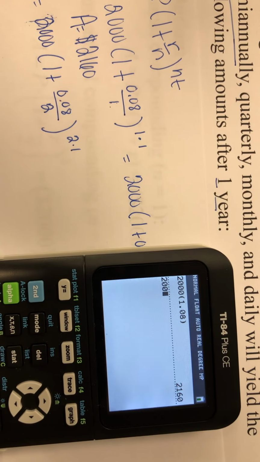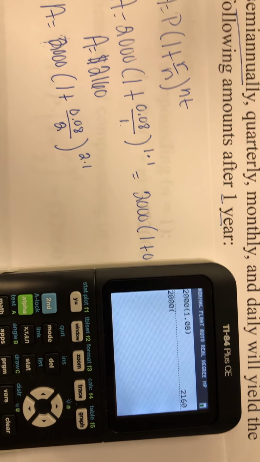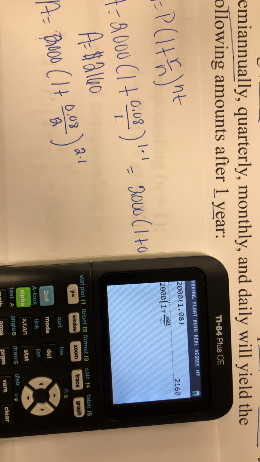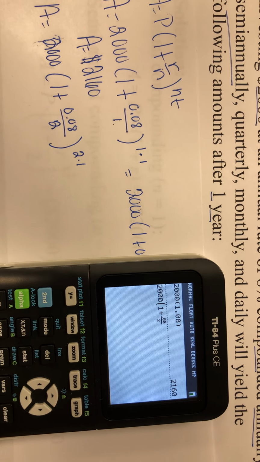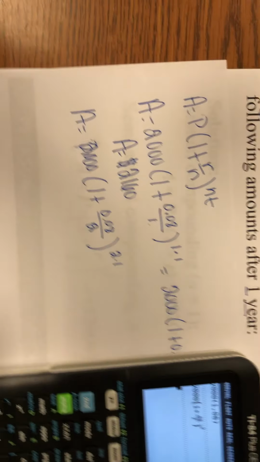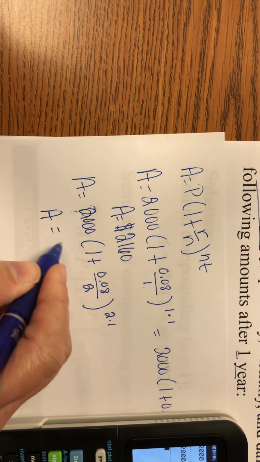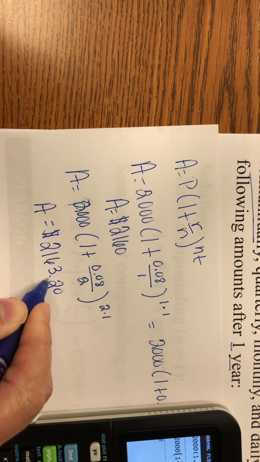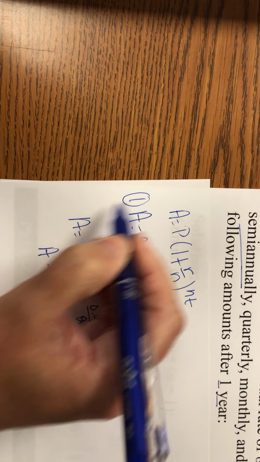We'll have 2,000 times 1 plus our interest rate over 2 raised to the second power, because 2 times 1 is 2. So that's going to give us A equals $2,163.20. Okay, so that's number 1, that's number 2.